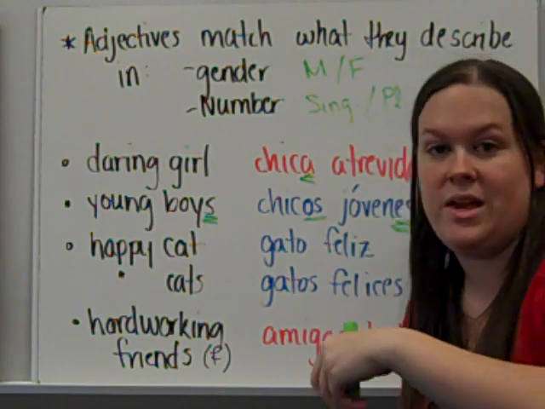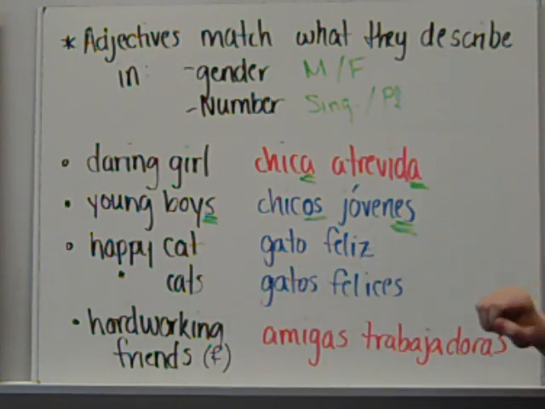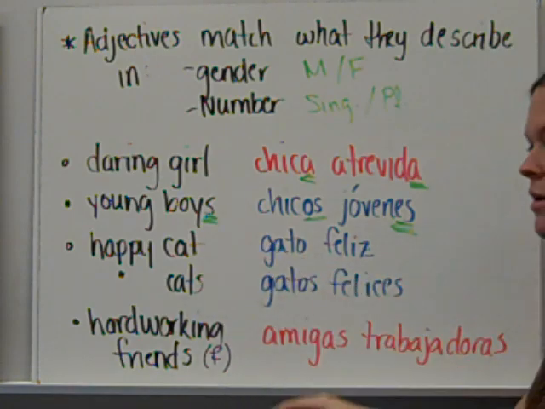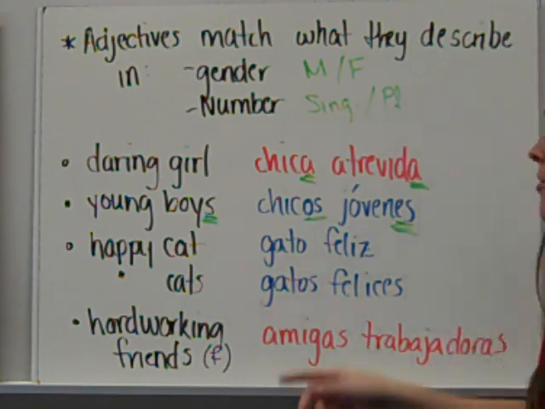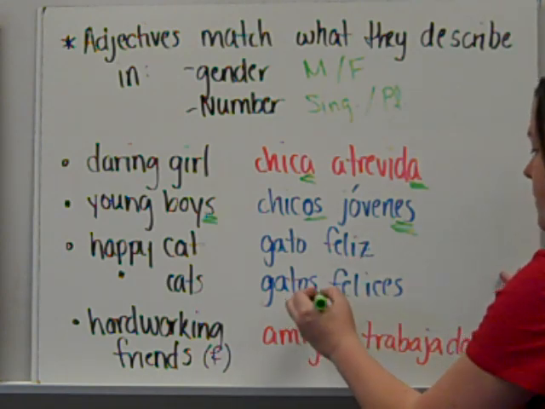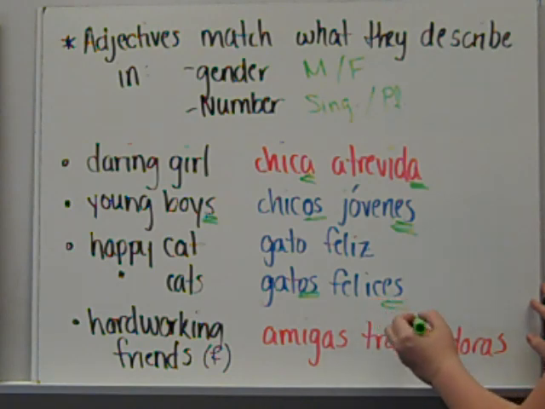Joven goes to jóvenes. A happy cat, gato, feliz. And if it's plural, this is a masculine word. Now the gender, don't worry about the gender of the cat. The word gato is masculine. And so gatos felices. So again, this ends in a consonant, so you have to add an ES.